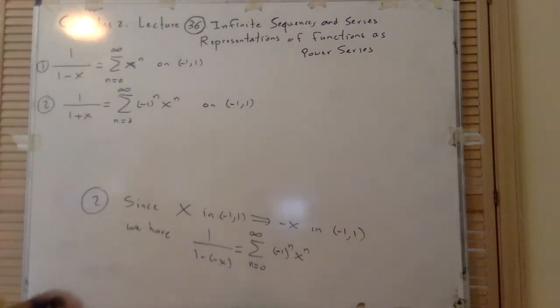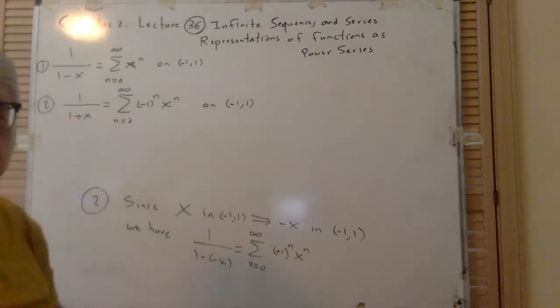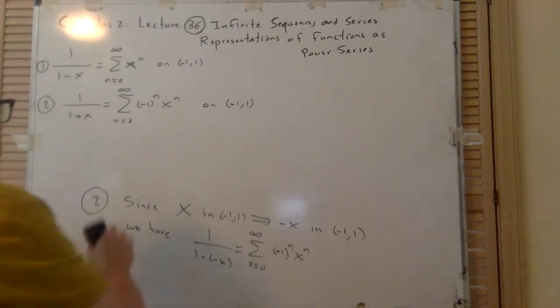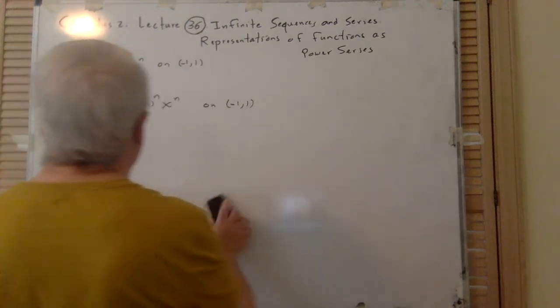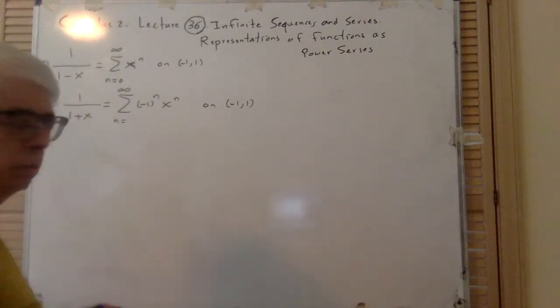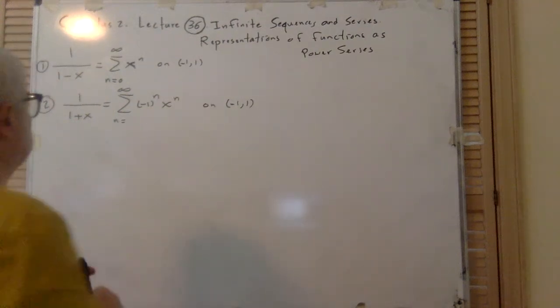Now, if minus x is between -1 and 1, what happens to x squared? Well, let me stick with this one first.